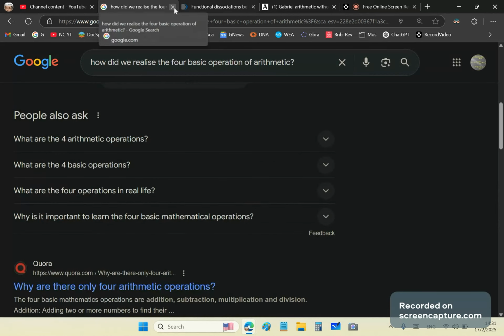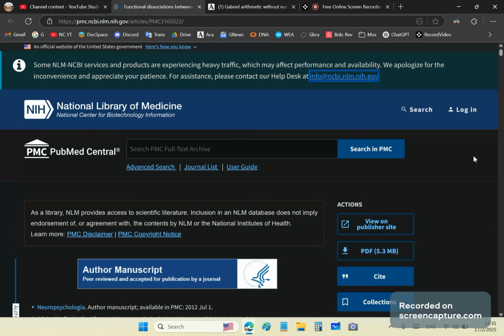It's so-called research done by researchers who submitted this to the NCBI, National Library of Medicine, in the United States.